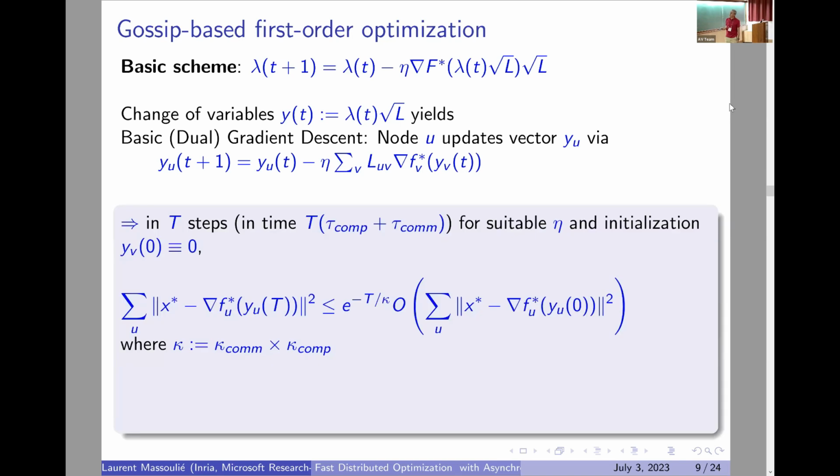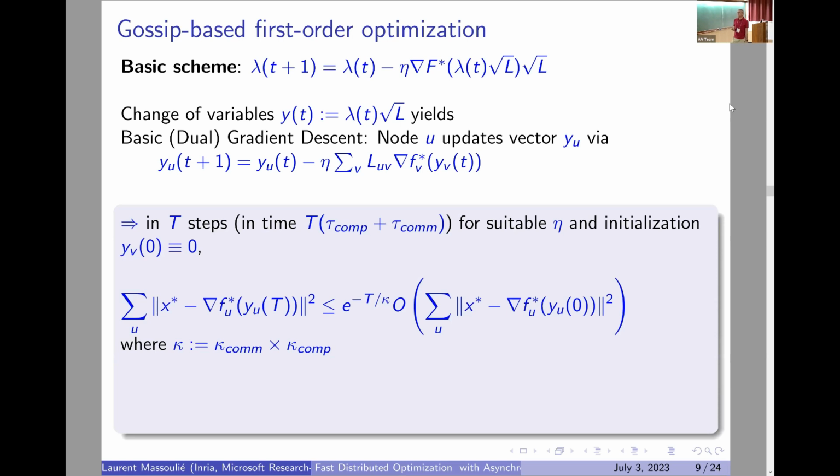Now if we take the textbook result on first order gradient descent, with this dual representation, the model for user u would be the gradient of its f star u function at its parameter y u.